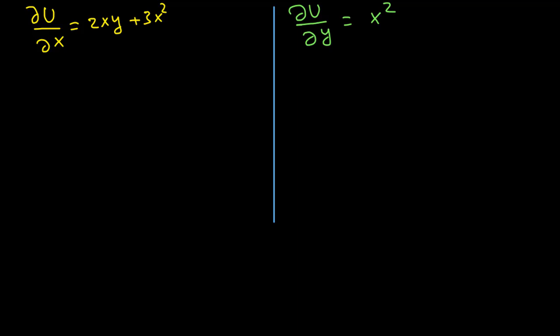The first thing that we will do here, we can start from this side. Here we have partial u by partial x equal to this function. So this means if we integrate with respect to x, keeping y constant, u of x and y will equal the integration of these two terms, 2xy plus 3x squared, with respect to x, plus a constant due to this integration.